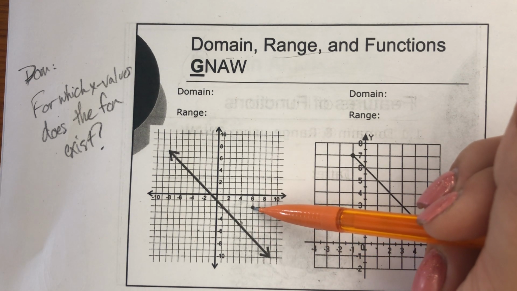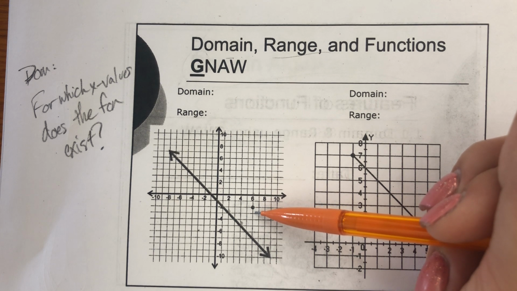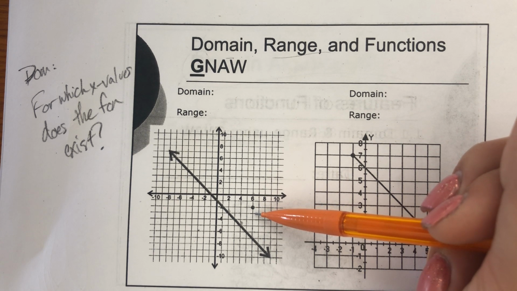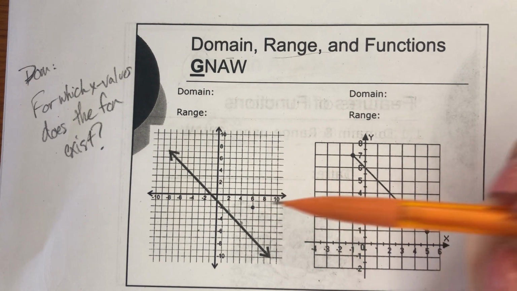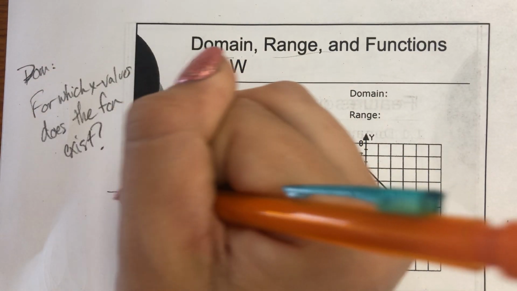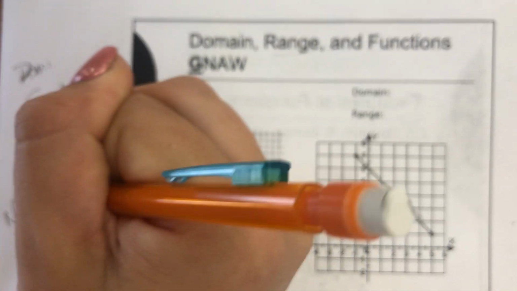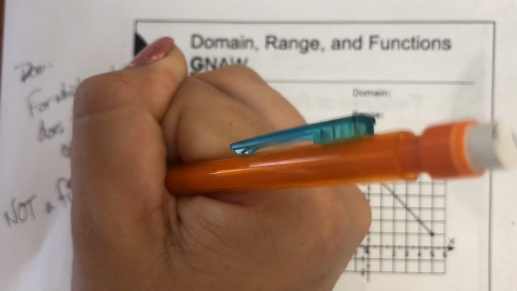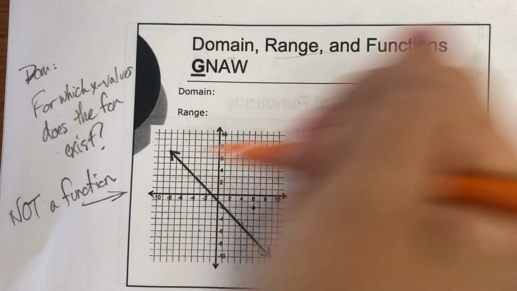I will not be assessing you on determining whether this relation is a function. Well, maybe I will. Let's just talk about this. If you have multiple outputs for 1 input, you are not a function. So this is not a function, because the justification is important.